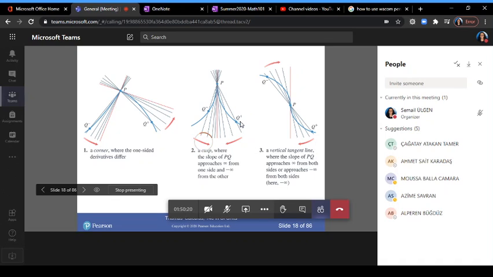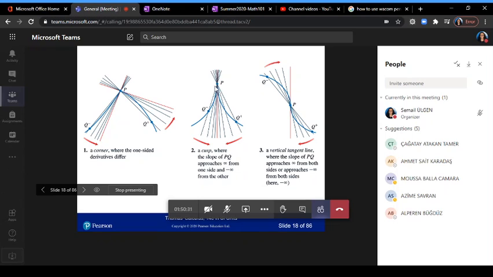And let's get the slope of the secant line from the right. This is negative, this is negative, and this is negative, smaller and smaller. So these negative values get close to negative infinity from the right hand side. So this is going to cause a cusp. It's going to be seen like this usually.